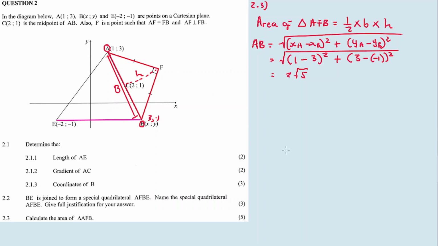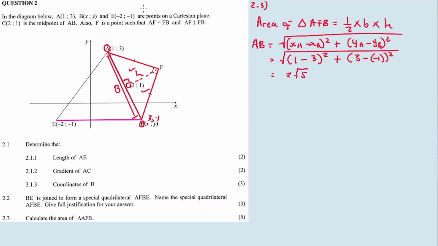Now, since the line CF is the perpendicular line, we have 90 degrees on both sides, so these two are right angle triangles. Look at triangle AFB. Triangle AFB is a right angle triangle and also an isosceles triangle, not an equilateral triangle.